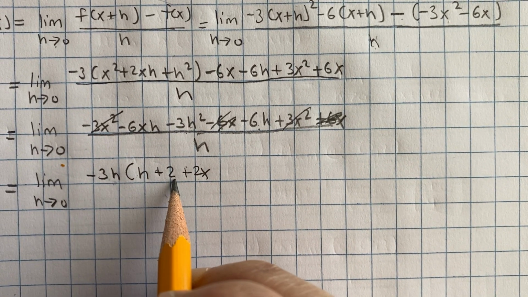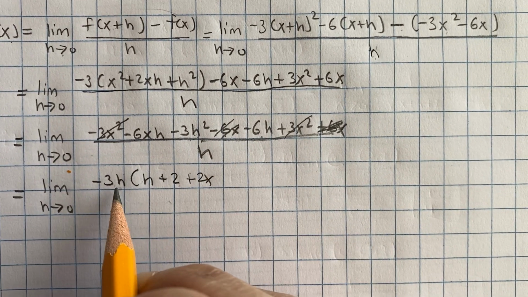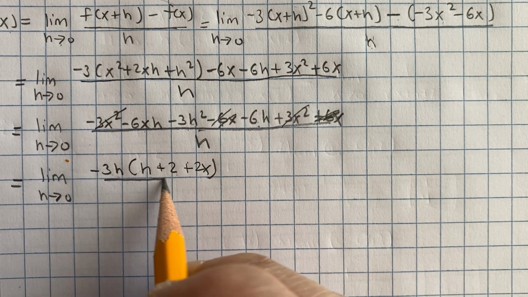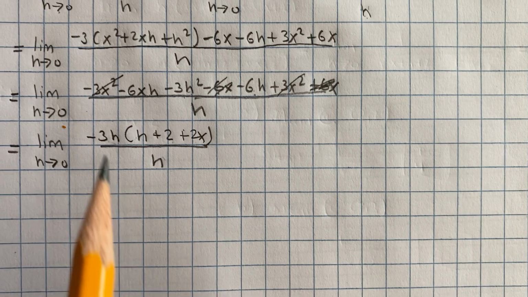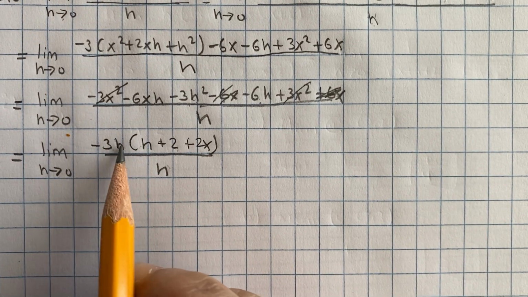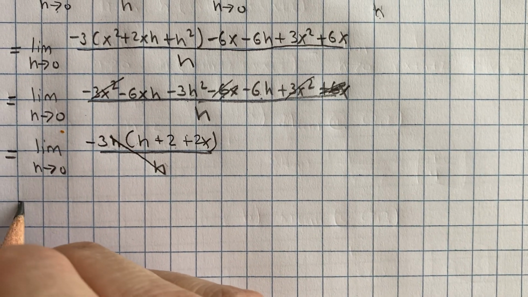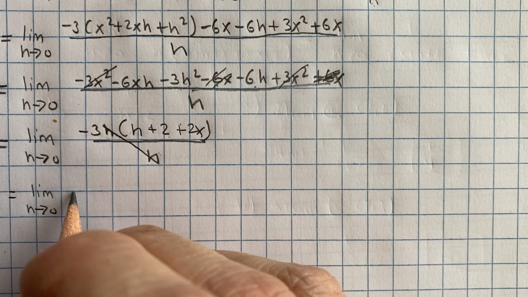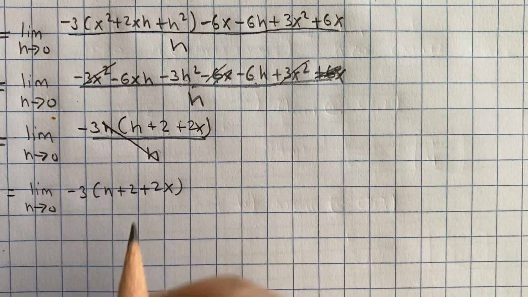Negative 3h times 2 will give us negative 6h. And this times this will give us negative 6xh. All right, so if we cancel out these h's, we're going to get the limit as h goes to 0 of negative 3 times h plus 2 plus 2x.